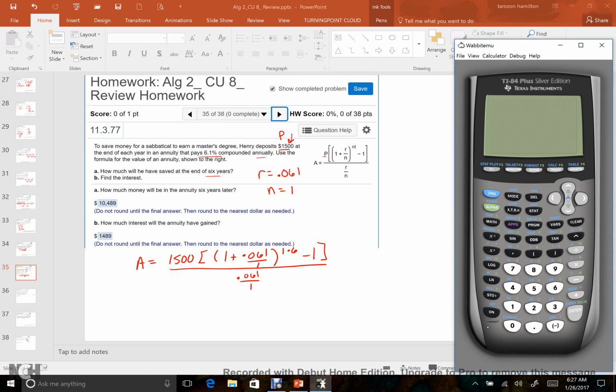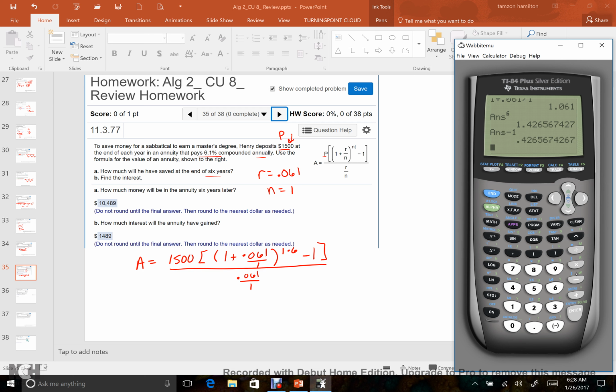Here's what I would do. Turn my calculator on, clear my screen. I'm going to do the 1 plus 0.061 divided by 1, enter, caret 6, because 1 times 6 is 6, minus 1, enter. So I've done inside the parentheses.